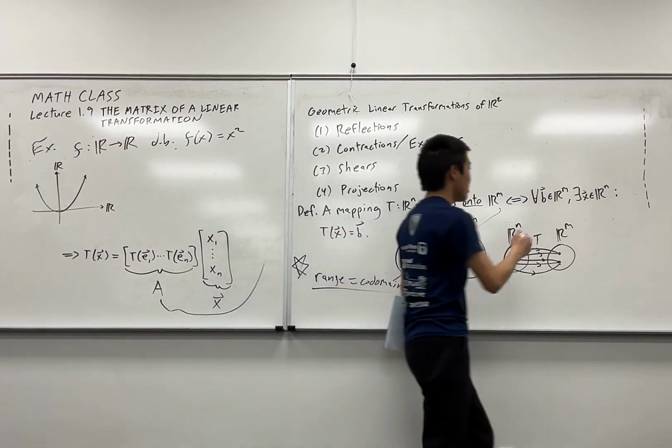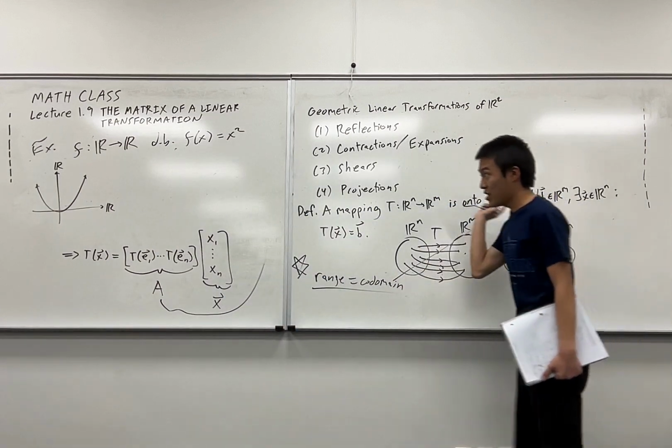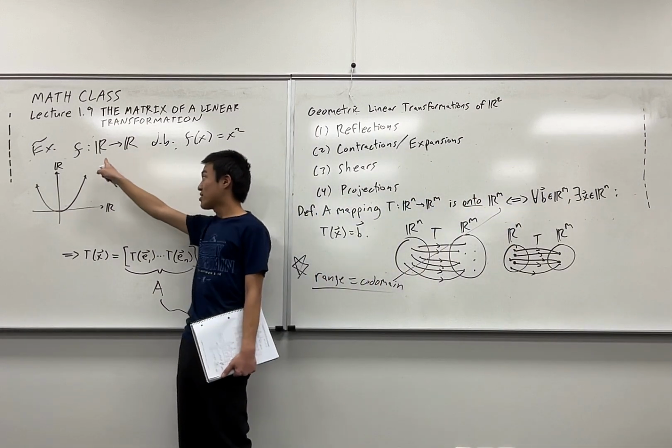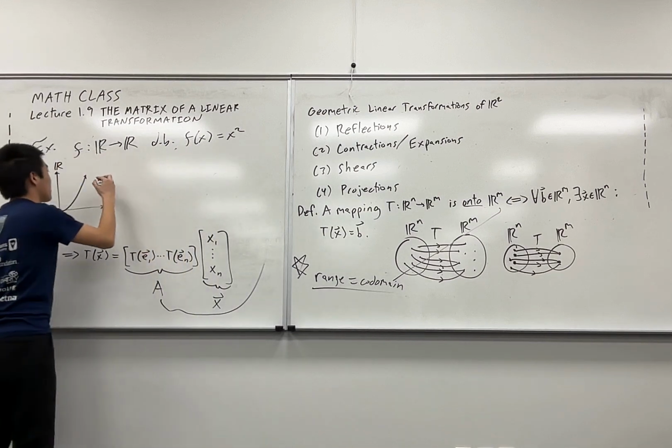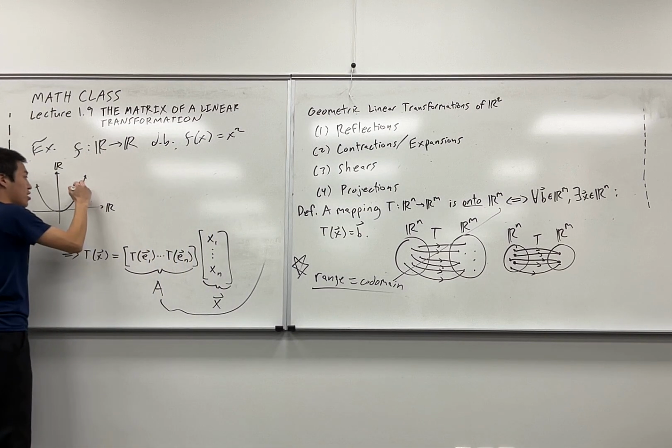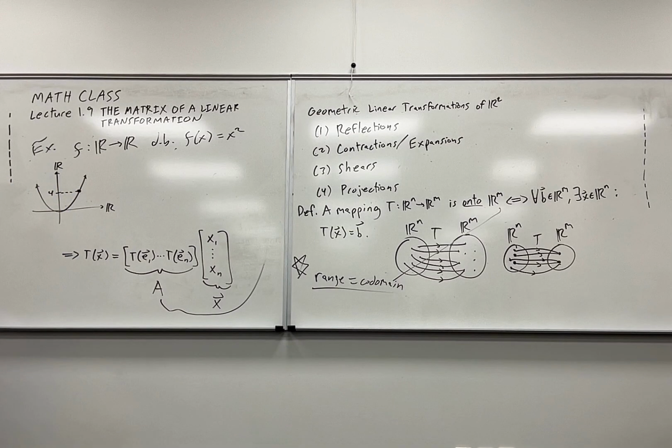If it is, then for every single element I find in the codomain, I need to be able to find the counterpart over here. Say I chose 4, so I'm choosing the element 4 in the codomain. Can I find an element in my domain that lets me spit this out? Which element? 2. Drawn to scale.